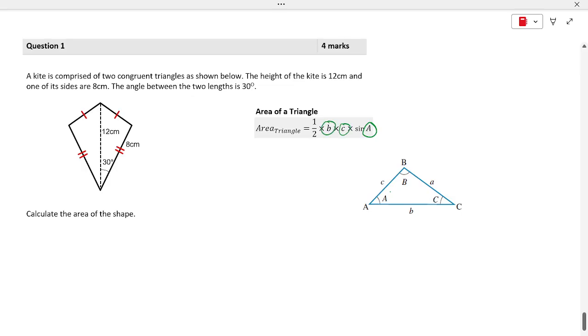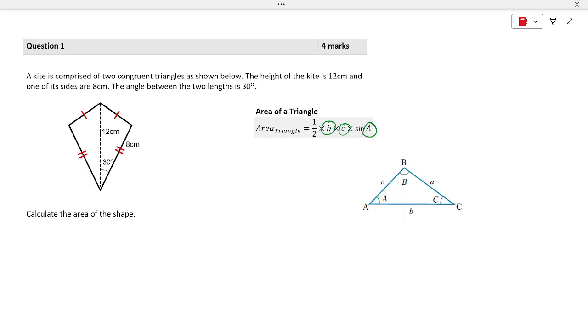So they're the side lengths. So we have capital A, and then the two side lengths that flank that angle. Okay, the two side lengths that actually join up to make the angle. So in our question, that would be our 12 centimeters and our 8 centimeters. They join up to make our 30 degrees.